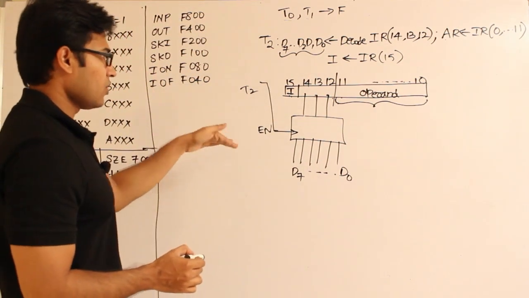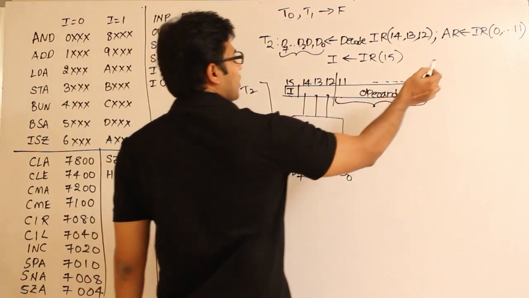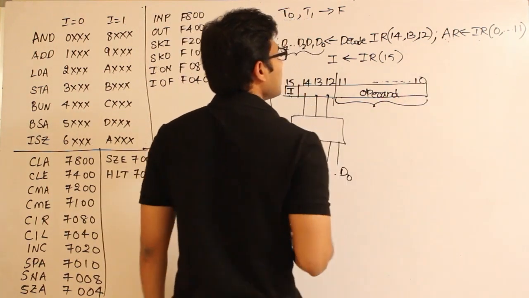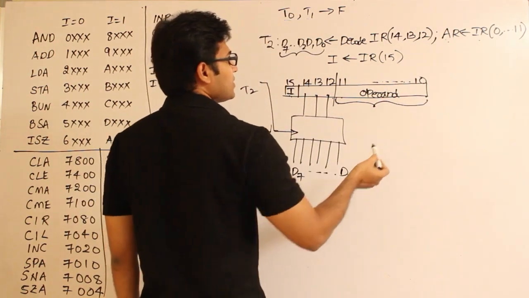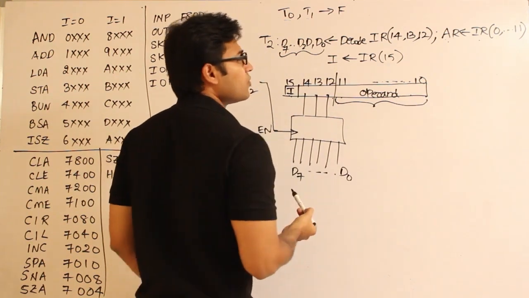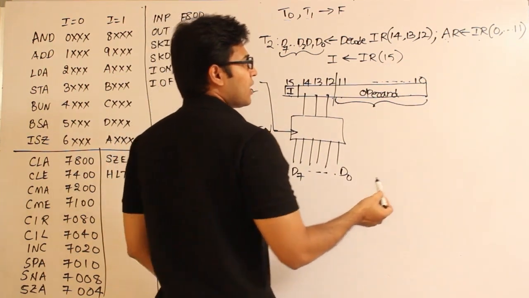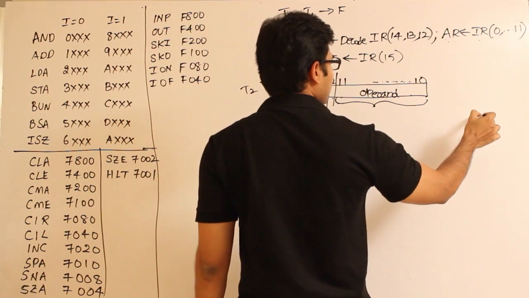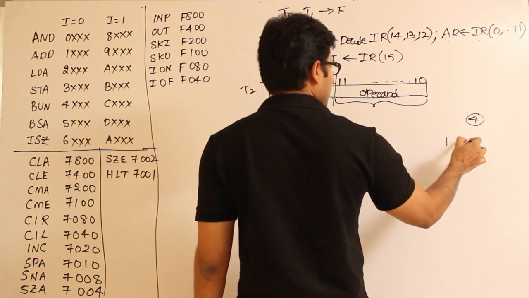And after that, along with that, I have to even move this IR to AR. So what I do is, I'll select this IR register. I don't remember the exact number of IR. I think the number is 4, I guess. So 4 means 100.